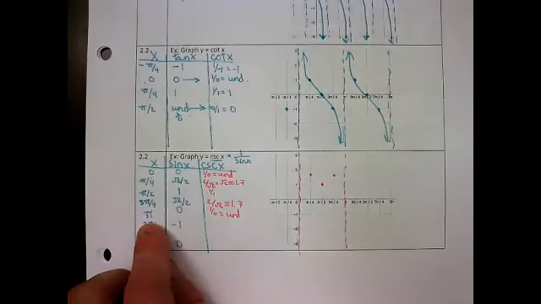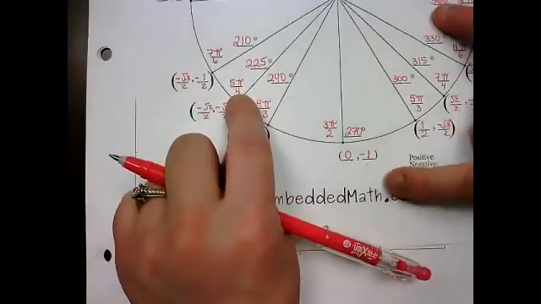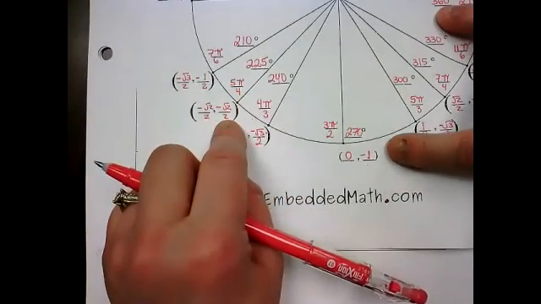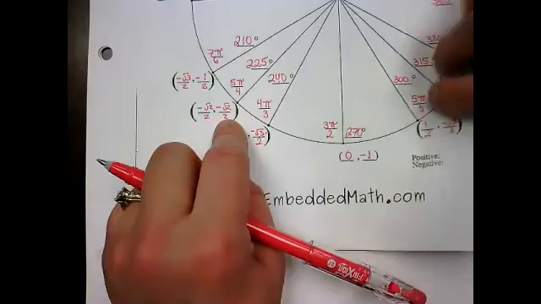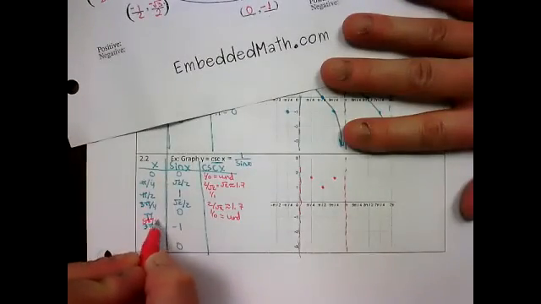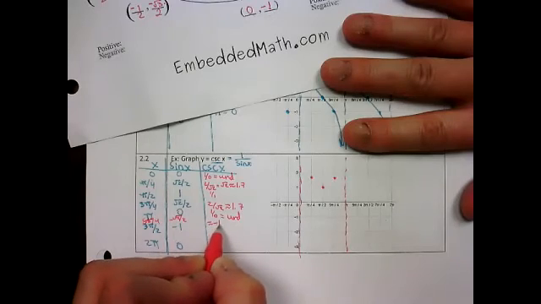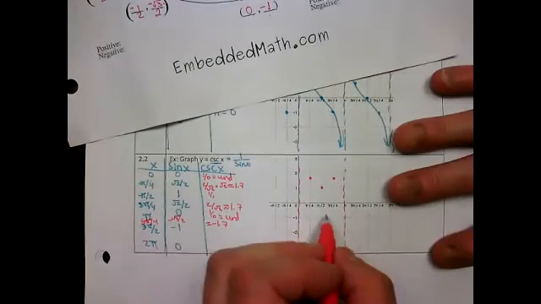If we did 5 pi over 4, we would get negative root 2 over 2, which would be approximately negative 1.7 once we flipped it.